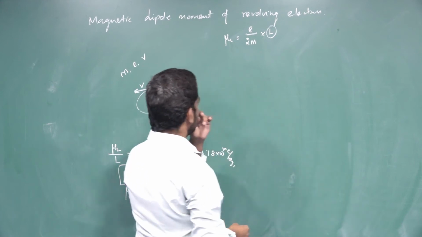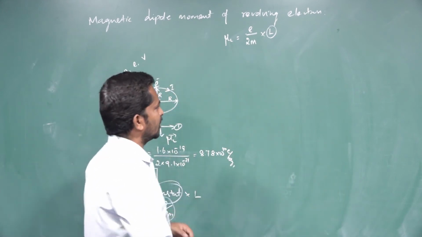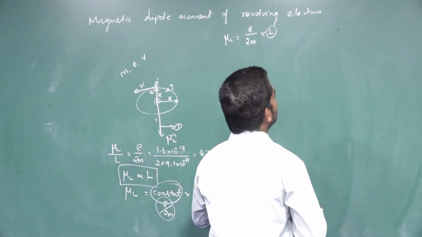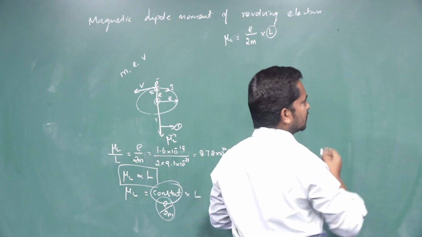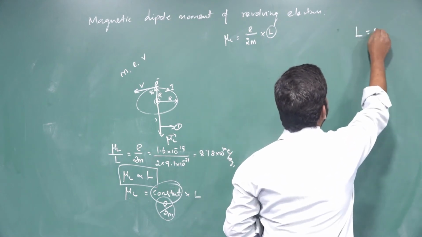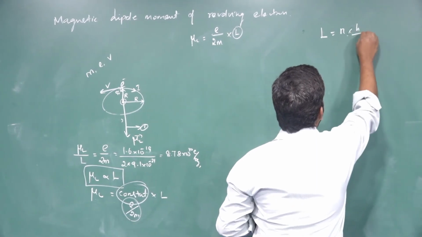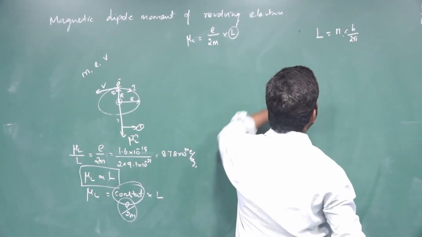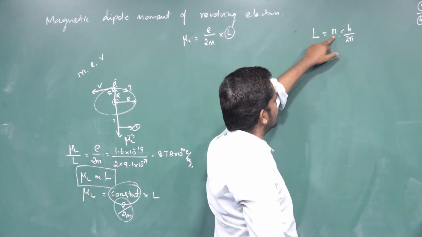Next, mu L is equal to e divided by 2m into L. According to the Bohr quantization theory, which you will study in detail in atomic physics, angular momentum L is equal to n times h divided by 2 pi, where n is the number of the orbit: first, second, third orbit.